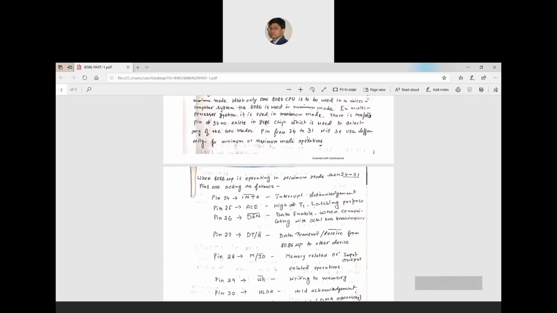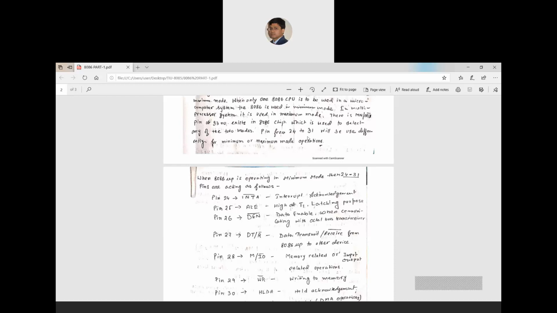But what is a multiprocessing system? When the 8086 chip is used in a multiprocessing system, as the name suggests, there is more than one processor, and each processor is doing some specific task.